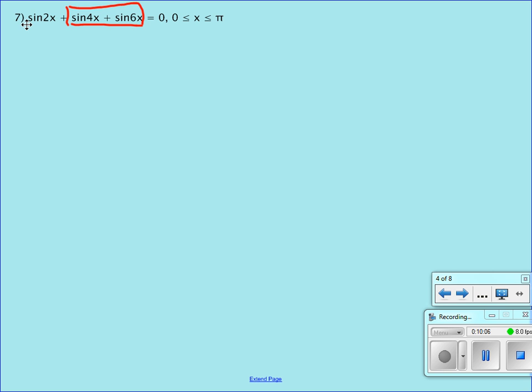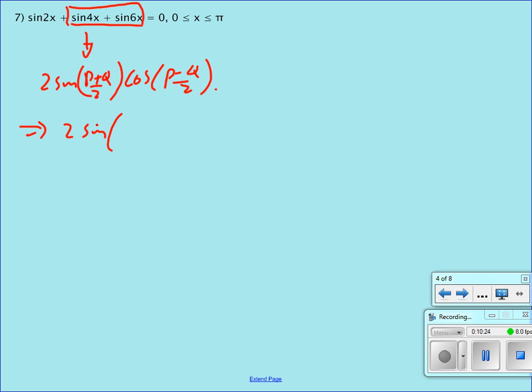Okay, so this is the same as 2 sine p plus q over 2 cos p minus q over 2, where p is 4x and q is 6x, so therefore I have 2 sine 4x plus 6x over 2 cos 4x minus 6x over 2.